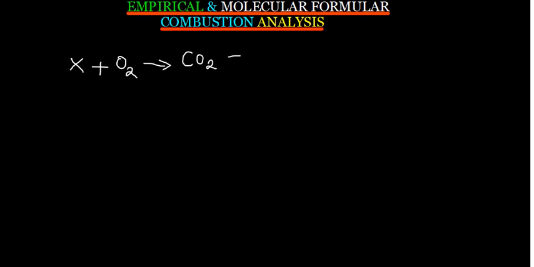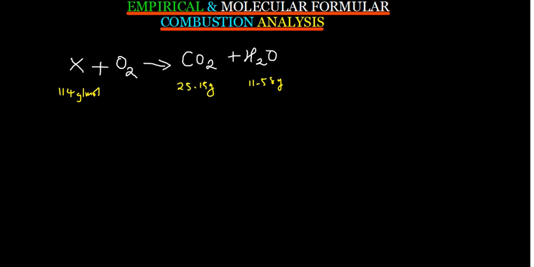Okay, carbon dioxide and water. So upon combustion of this hydrocarbon, we produce 25.15 grams of carbon dioxide and 11.58 grams of water. So the molar mass of the hydrocarbon also has been given as 114 grams per mole. So the question is determine the empirical formula and the molecular formula.